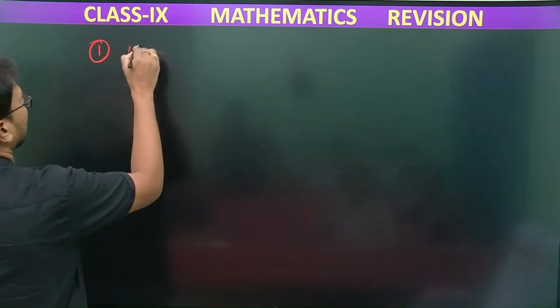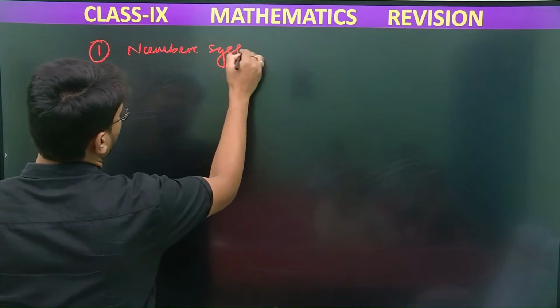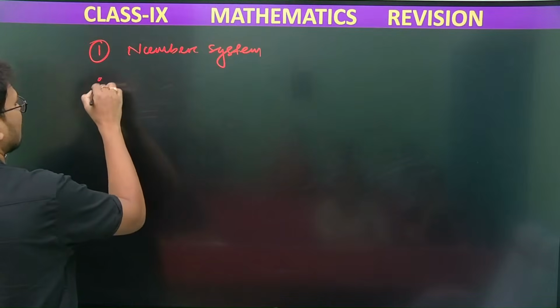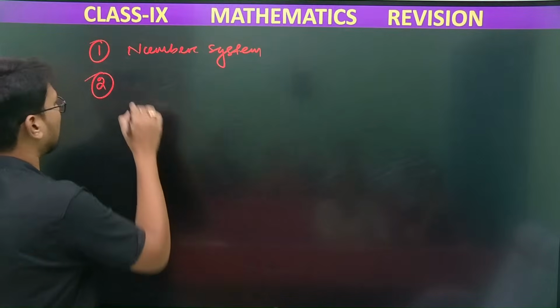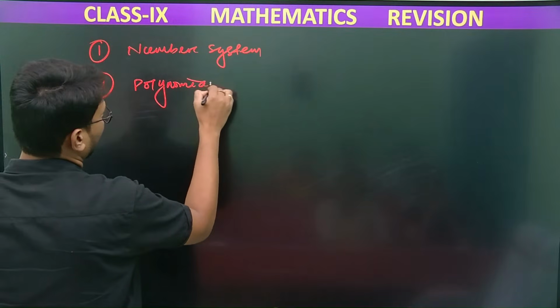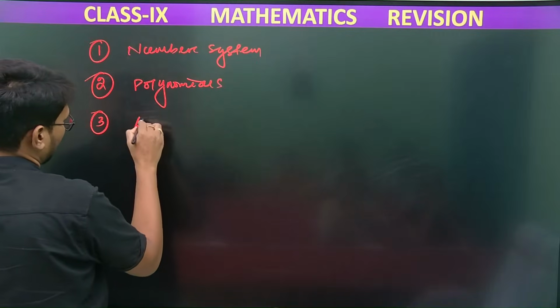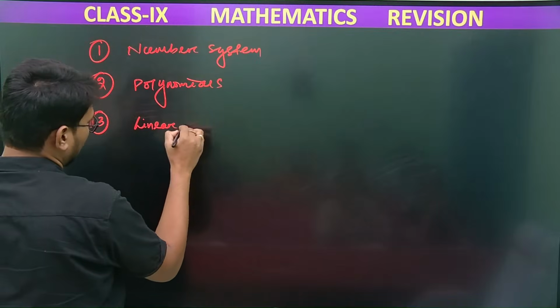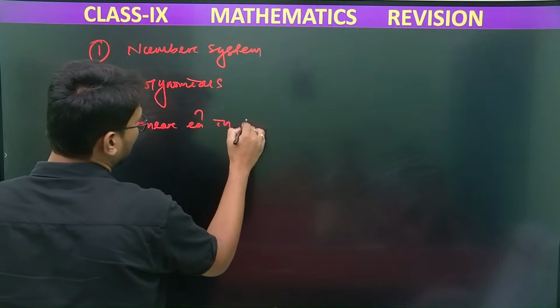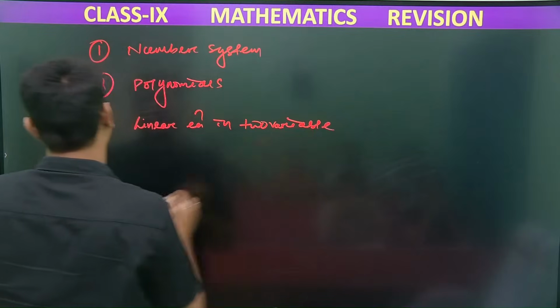Okay. See, we are going to discuss chapter 1 first today, the number system, all the important questions we'll discuss. Number 2 is what? Polynomials, some questions also we'll discuss. Number 3 is linear equations in two variables.